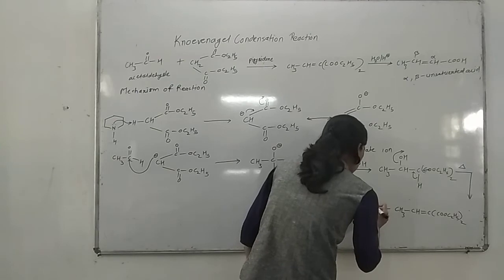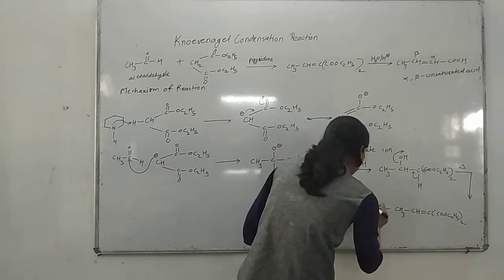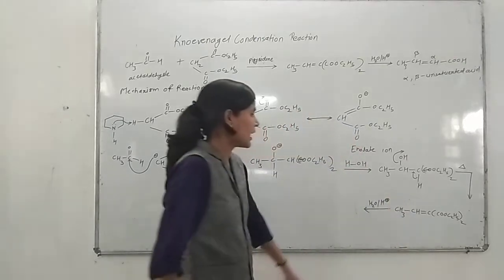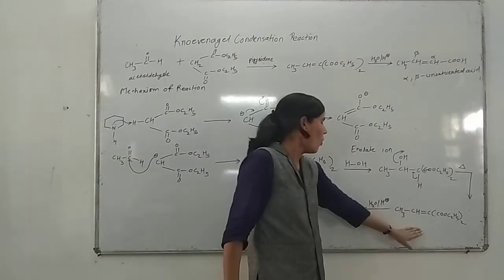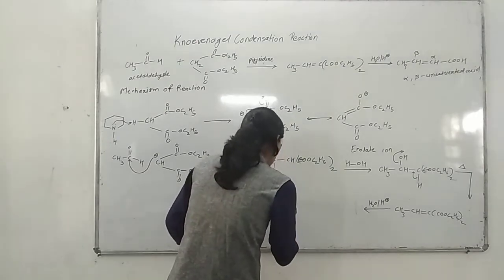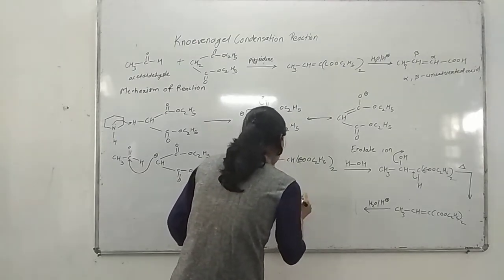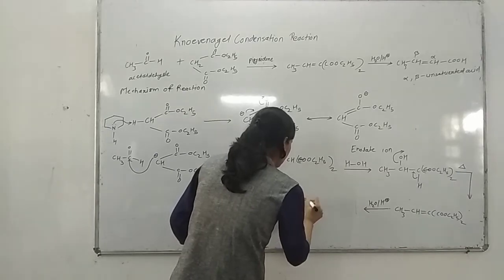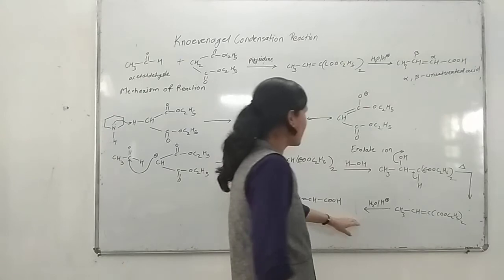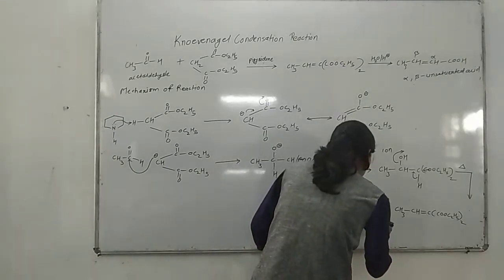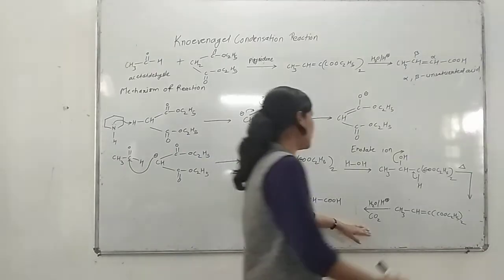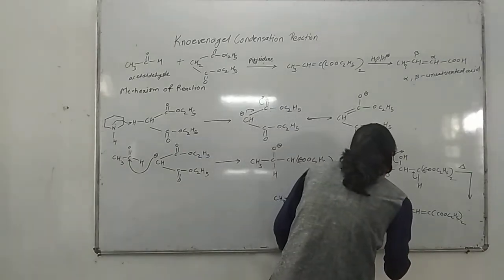on acid hydrolysis gives alpha beta unsaturated acid with elimination of carbon dioxide, that is decarboxylation, and ethanol.